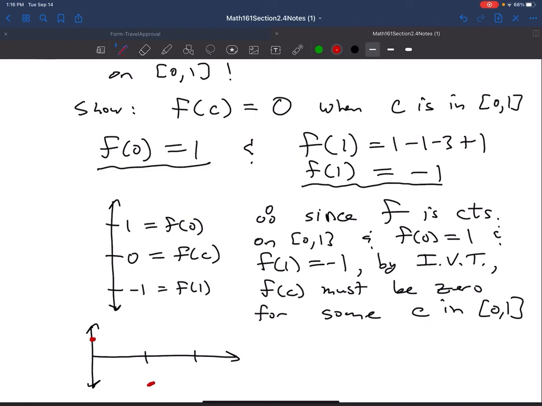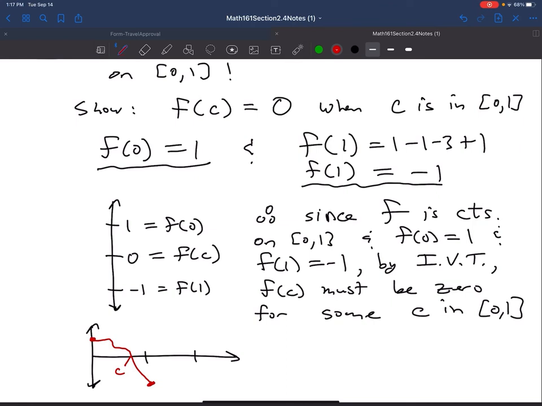And I know this is continuous. Doesn't matter what the shape of it is. I've somehow got to get from this point to that point without ever lifting my pencil. So at some point in there, make whatever you want, this is my c, I've got to have a 0 of the function.